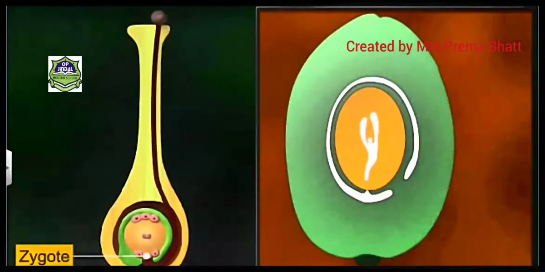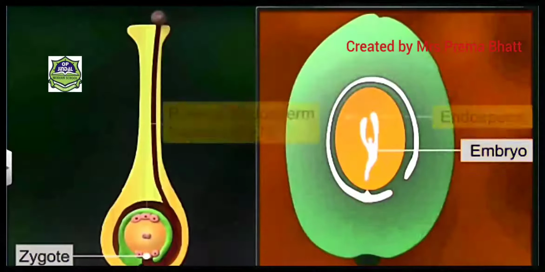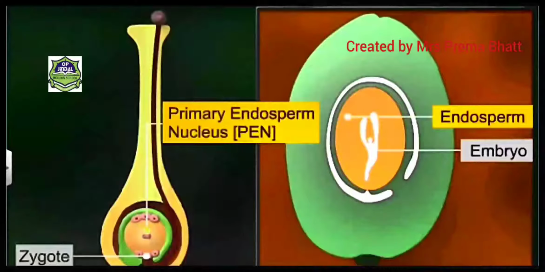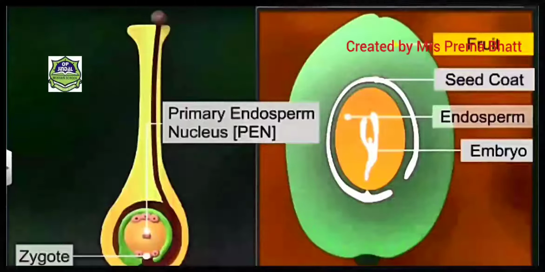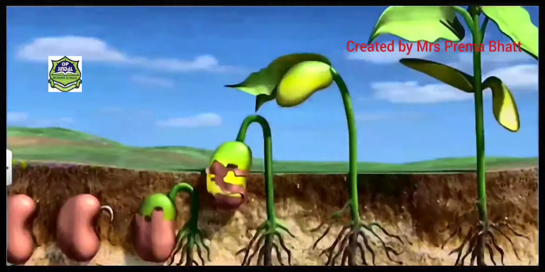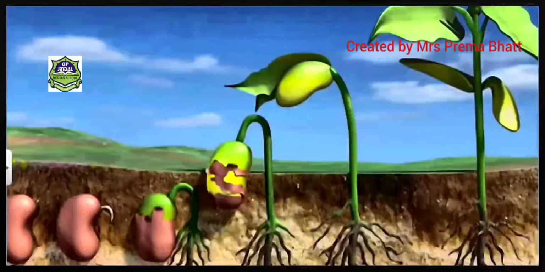As a result of double fertilization, the zygote develops into the embryo, whereas the primary endosperm nucleus develops into a nourishing tissue called endosperm. After it is complete, the ovule develops into a seed, and this seed germinates to produce a new plant.